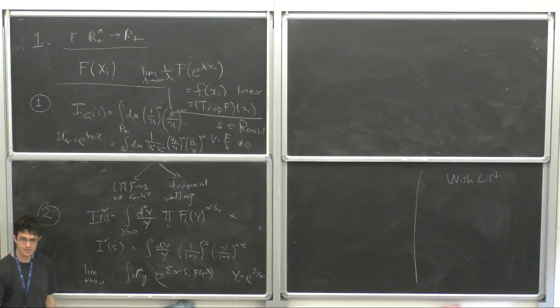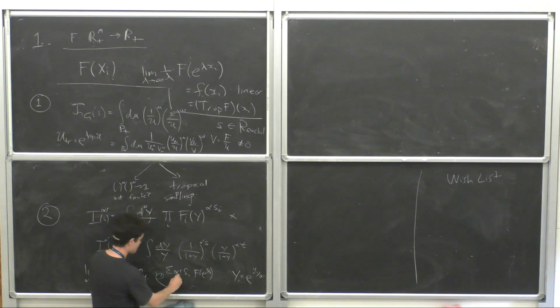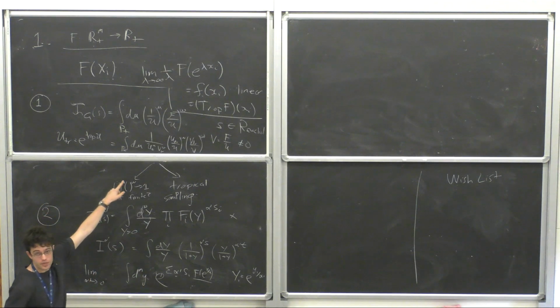Okay? And what is the answer? Well, as alpha prime goes to 0, f is just the combination we wrote before.